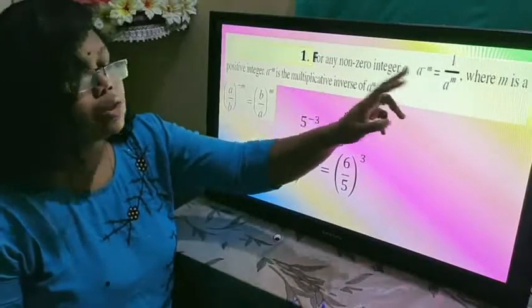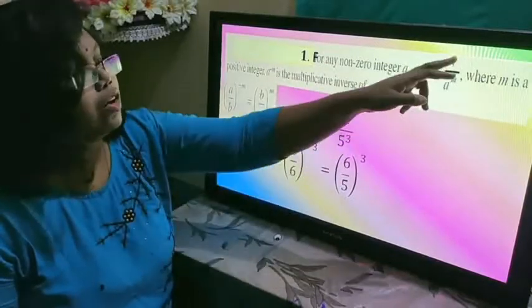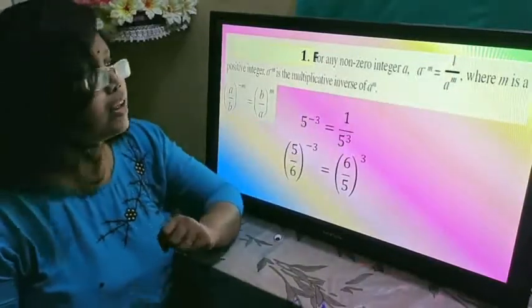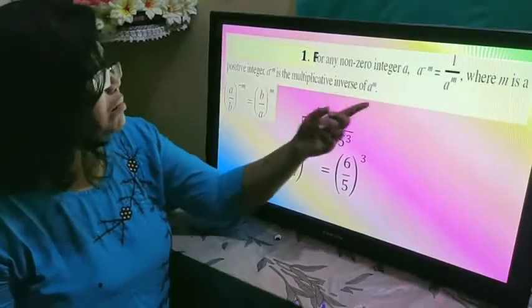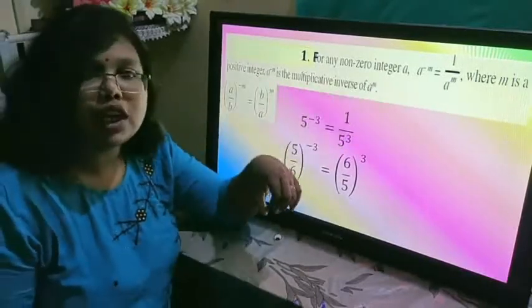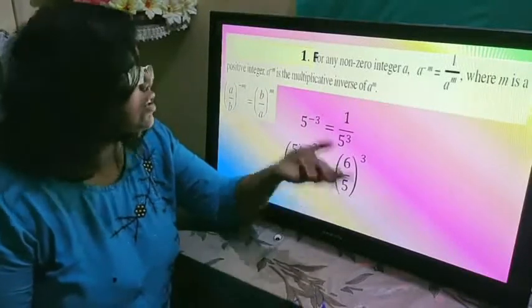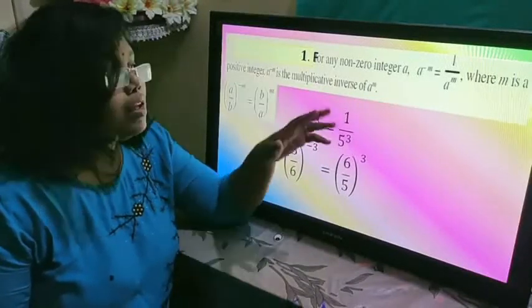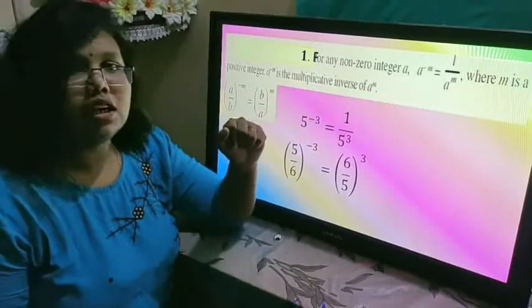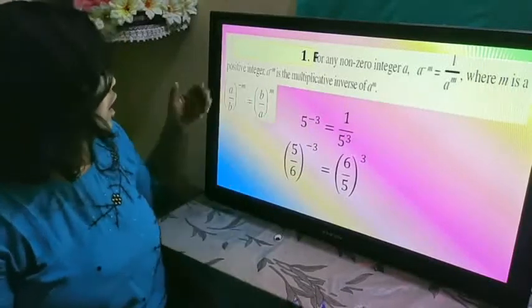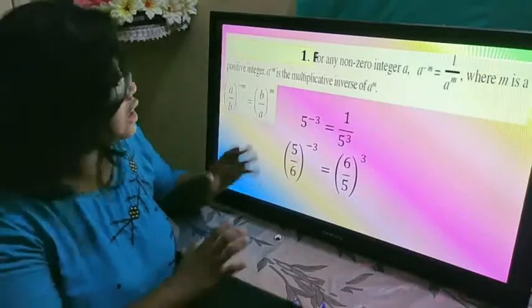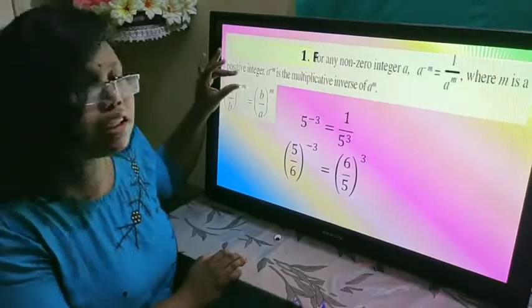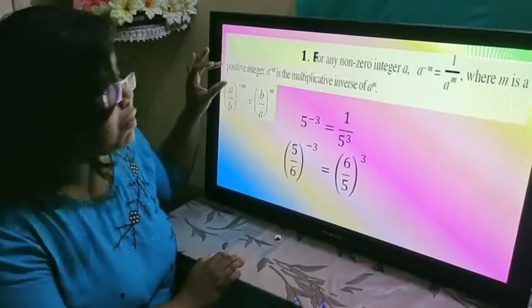So a raised to minus n is nothing but the reciprocal of a raised to n. Alright, so this is the multiplicative inverse of a raised to minus n and a raised to n. If you are asked to find the multiplicative inverse of a raised to minus n, that means a raised to n is our answer.